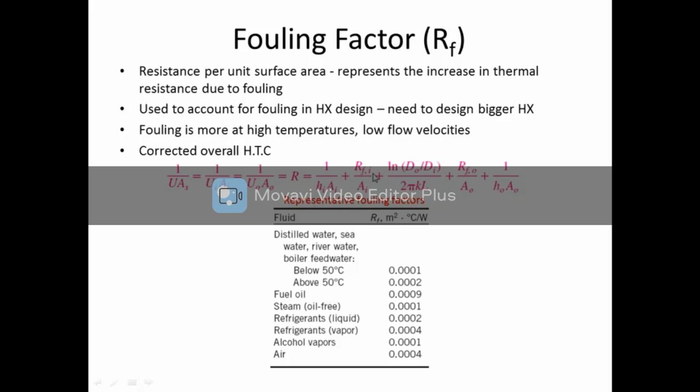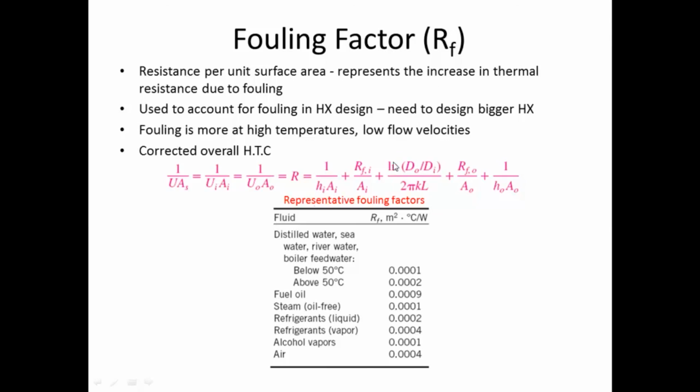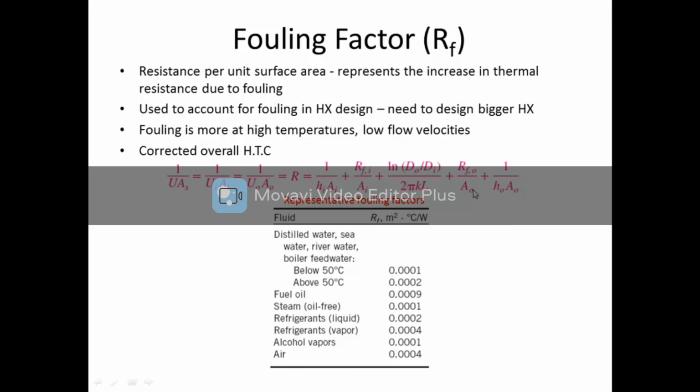This is similar to the concept of the thermal contact resistance, which we had seen in the discussion on conduction. And then we have got the conduction resistance for the wall. This is the fouling resistance on the outer surface. RFO is the fouling factor for the outer surface. AO is the corresponding surface area.